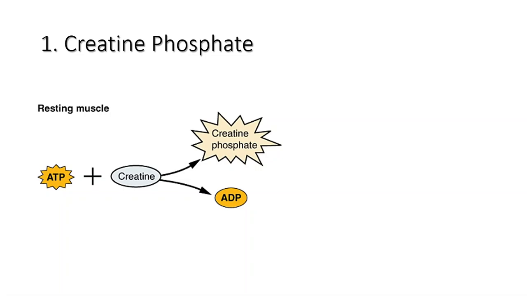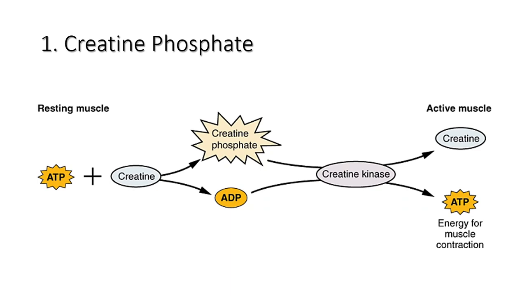When the muscle starts to contract and needs energy, creatine phosphate transfers its phosphate back to ADP to form ATP and creatine. This reaction is catalyzed by the enzyme creatine kinase and occurs very quickly.